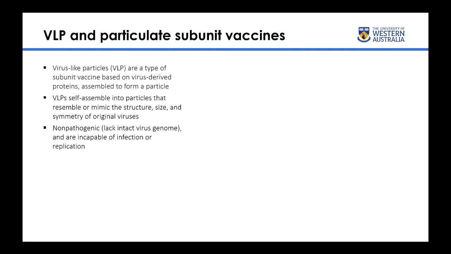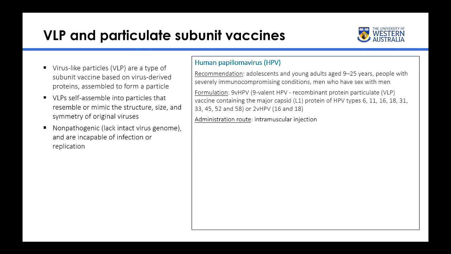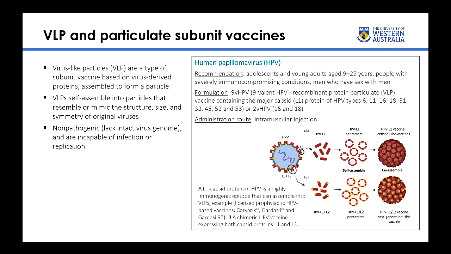Talking about VLPs, I think it's an interesting technology that is good for you to understand. They are based on virus proteins, and they assemble on their own to form a particle. They resemble the structure, size, and symmetry of viruses, which makes uptake by cells much easier. They are non-pathogenic, so they do not carry any genetic material inside.